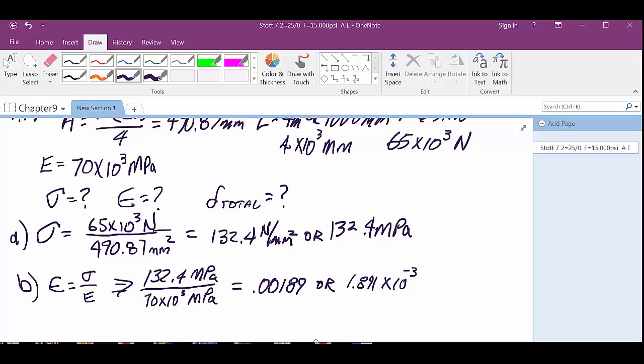So it would be better if I had written millimeter per millimeter. But all I'm looking for there is that number.